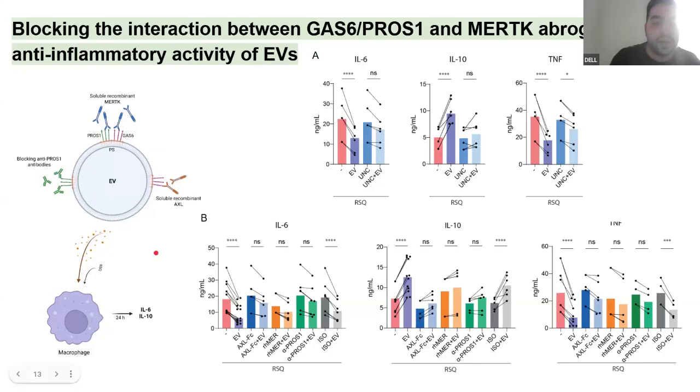Each strategy significantly impaired the ability of EVs to downregulate IL-6 and TNF while promoting IL-10 secretion. So these results strongly support a model in which the EV-bound Gas6 and PROS1 interact with TAM receptors, particularly MERTK, to mediate the anti-inflammatory functions.